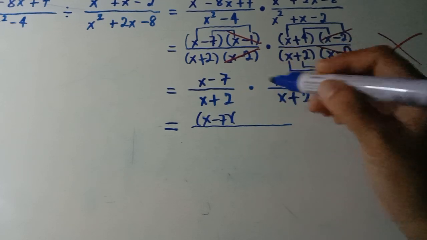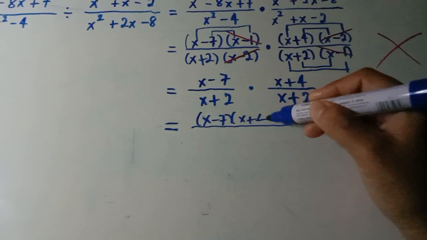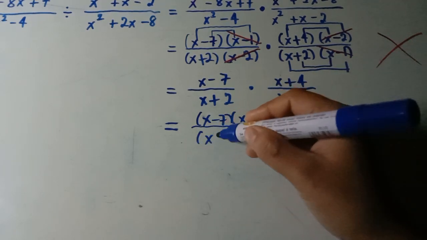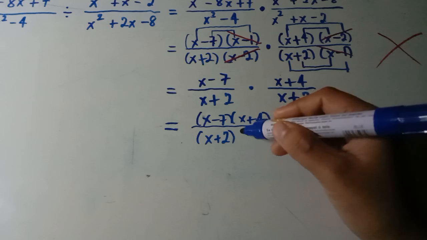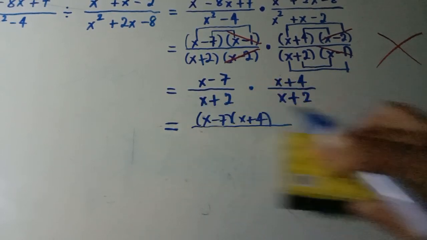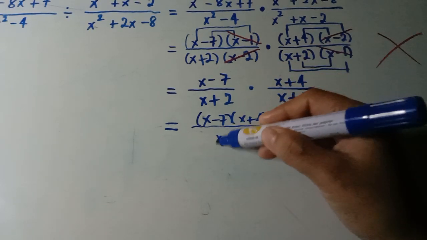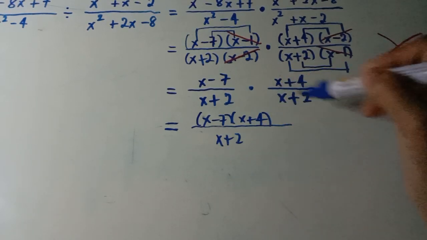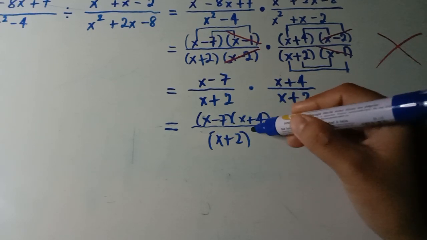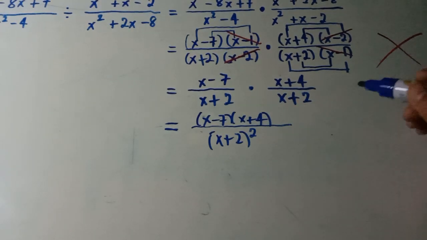X minus 7 times x plus 4 over x plus 2. Pwede naman ng x plus 2 square, di ba? X plus 2, since they are identical, atuan na lang express as a square of binomial.